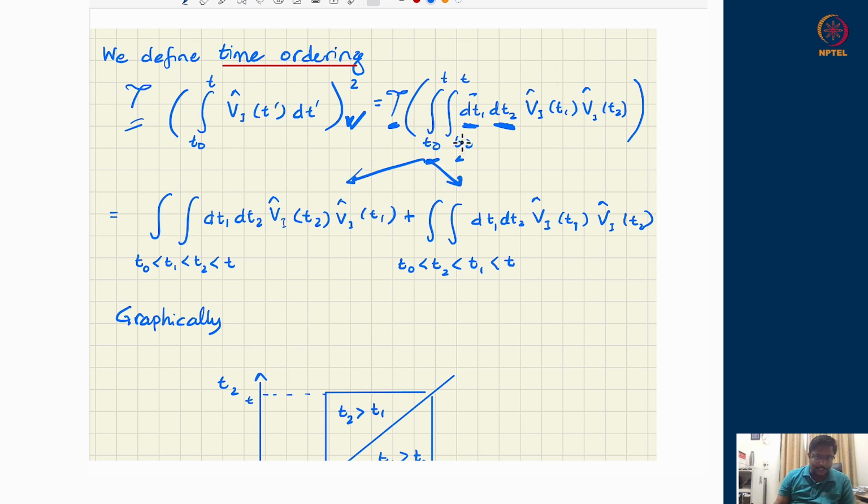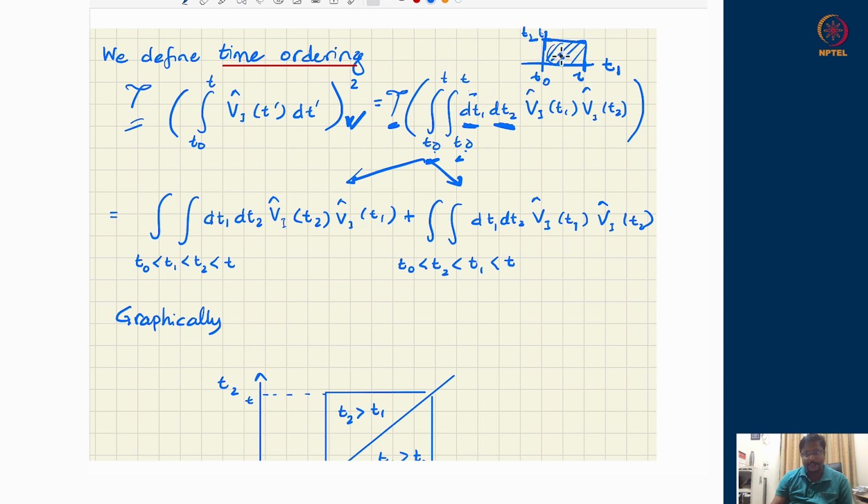So the same integral has the same limits, t0 to t and t0 to t. That means I am thinking of two variables, one is t1 and another is t2. Both start from t0 and go up to t. So I am thinking of the area of a square where both sides run from t0 to t, the first integral along t1 and the second along t2.